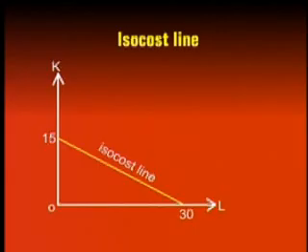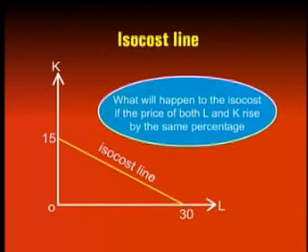Now, we answer two questions that we answered also in the context of budget lines. That is, what causes the budget line to shift inwards and outwards, and what causes its slope to change. And we'll answer the same two questions here in the context of isocosts. What will happen to the isocost if the prices of both labor and capital rise by the same percentage?